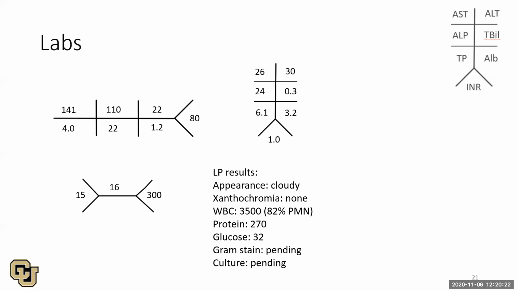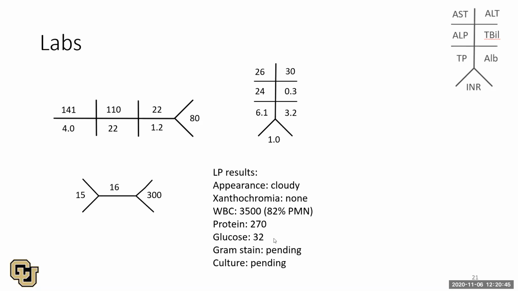Okay, so here's the LP that Kara wanted. I'll let you guys take a look at that for a second. And just for reference, which you may not have, white blood cell count in the CSF should be less than 5. Protein should be around 20 to 40.